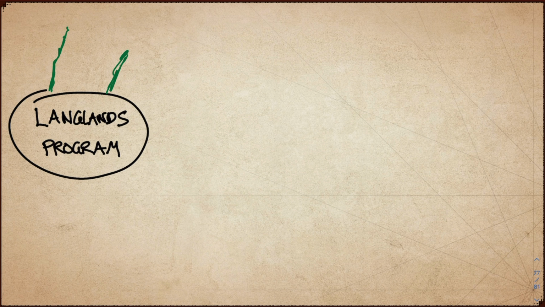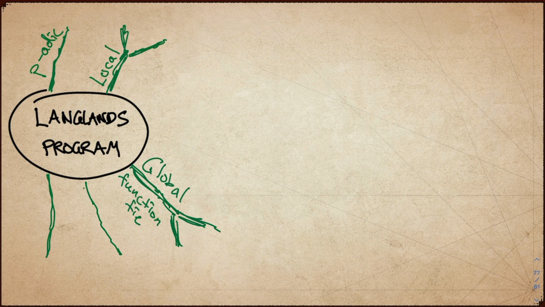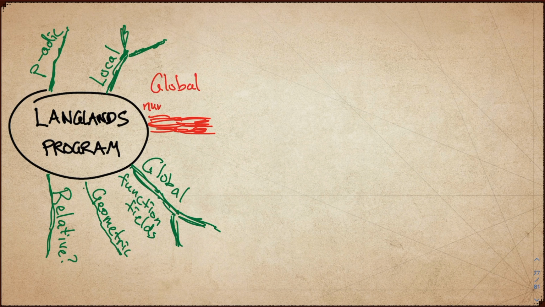I want to zoom out and say something about the bigger picture. The Langlands program today consists of a bewildering number of different branches. But the original main branch, which is directly relevant for L functions, can be called global Langlands over number fields.